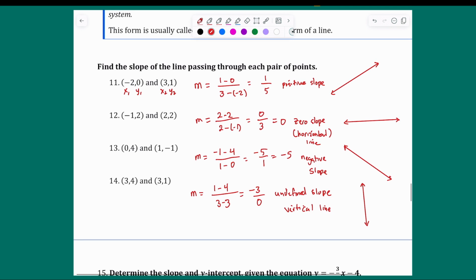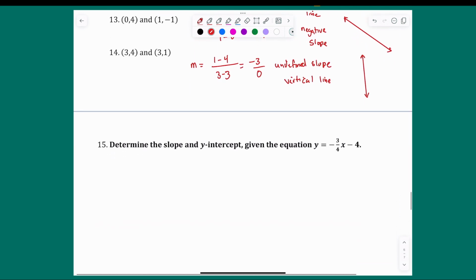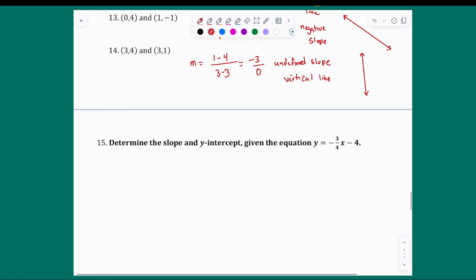All right, so that's how you can use the slope formula to find the slope of a line passing through 2 given points. The next thing we're here to do is determine the slope and y-intercept given the equation.